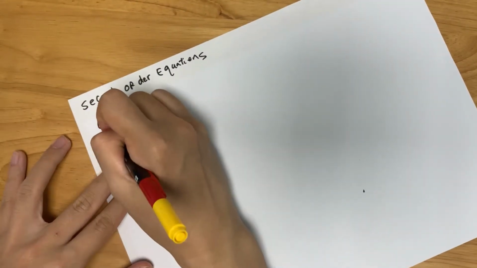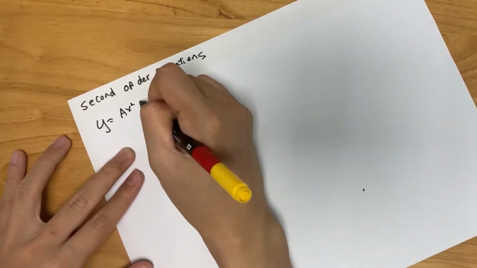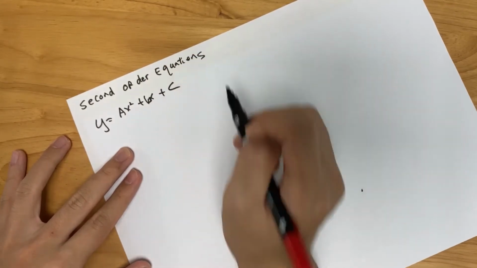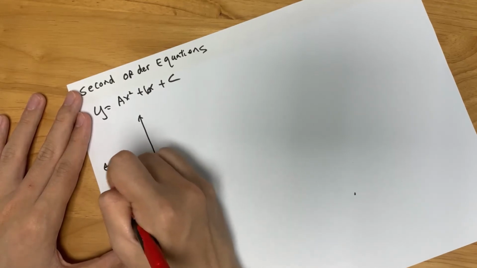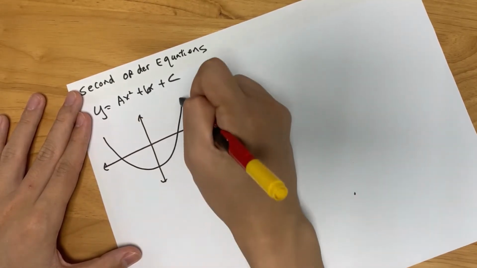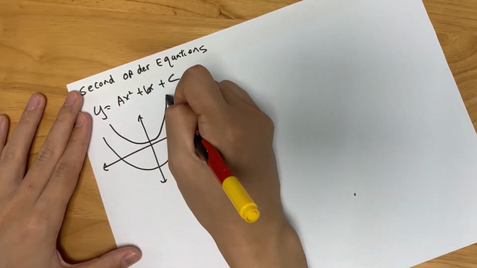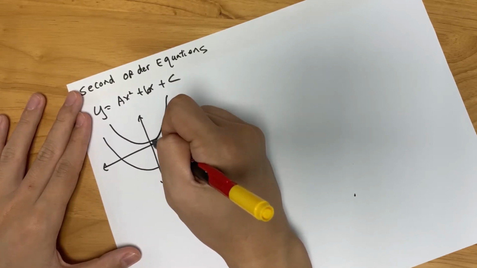What is this? y equals ax squared plus bx plus c. And let's say we have a graph like this.